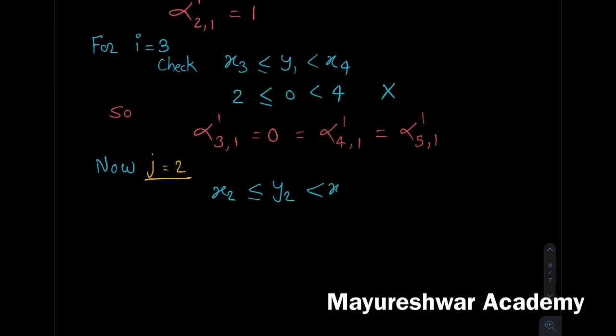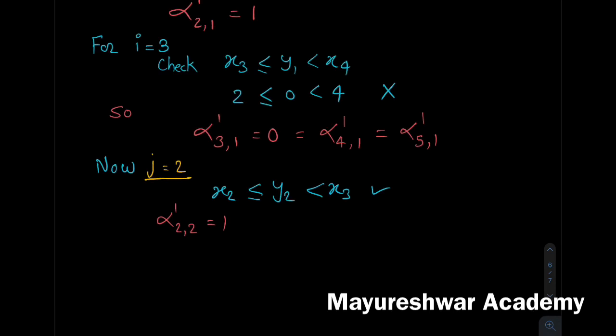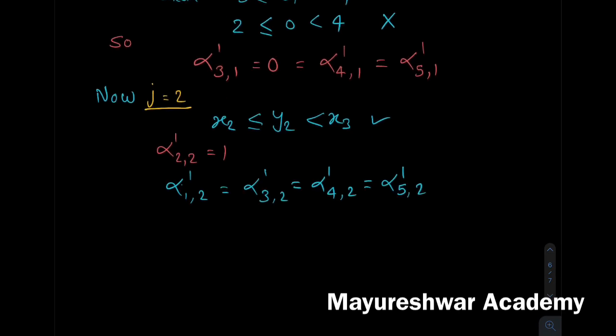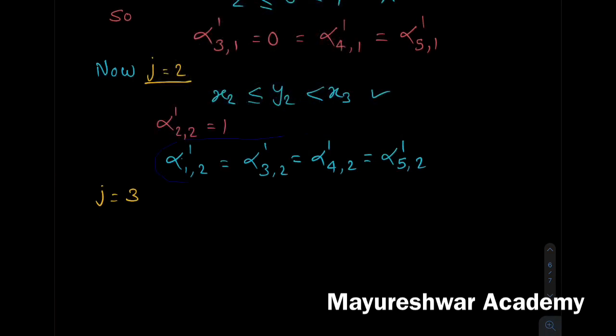So we can directly write alpha 2,2 as a unit value, for i equal to 2 and j equal to 2. For all others, again we need to check. For 1,2, 3,2, 4,2 and 5,2 also, all these values are 0 because they do not satisfy the relation.